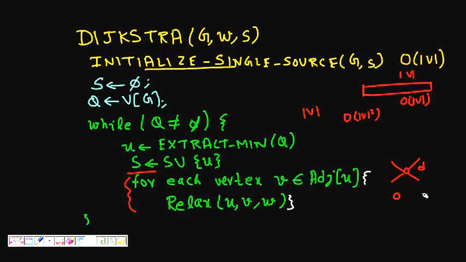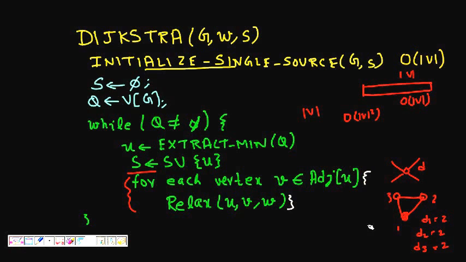If you try to understand this in a simple graph with nodes 1, 2, 3: at node 1 I cover 3 and 2, so d of 1 is 2. Then at 2, if I try to relax all nodes, D2 is also 2, and at 3 again I relax all other nodes, so D3 is 2.